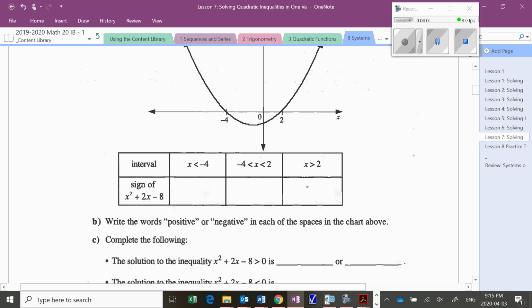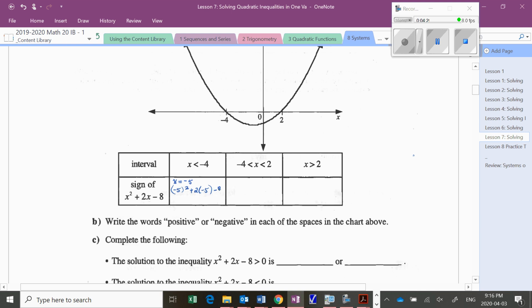So before I actually write that in, I think it's good just to say, hey, well, test intervals. So just as I was talking about, pick a value for x less than -4. So if we say x equal to -5, what does that look like? Well, then that's -5 squared plus 2 times -5 minus 8.